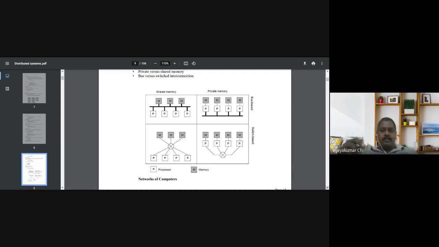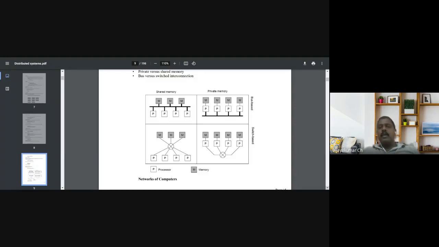After that, when we see switch based networks, the processors share the memory, and there is a switch in between the processors and memory.